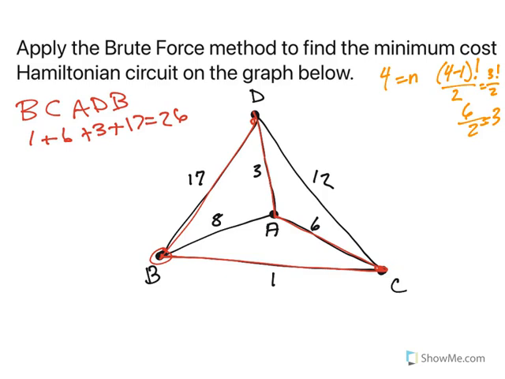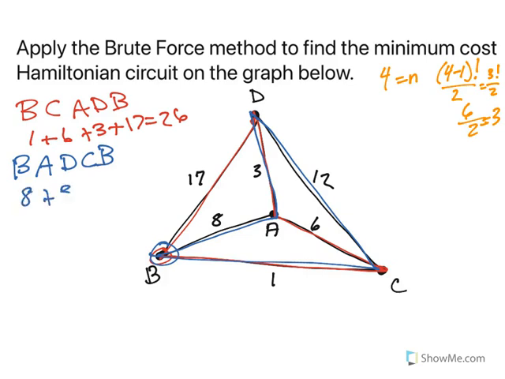Okay. So from B, I have another option, right? I could go B, A, D, C, B. So that's 8 plus 3 plus 12 plus 1. That's 24.